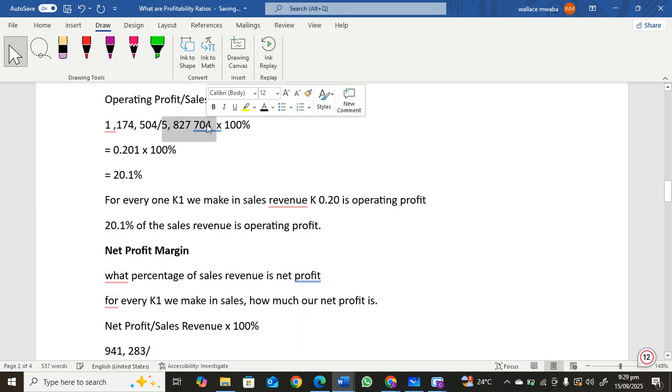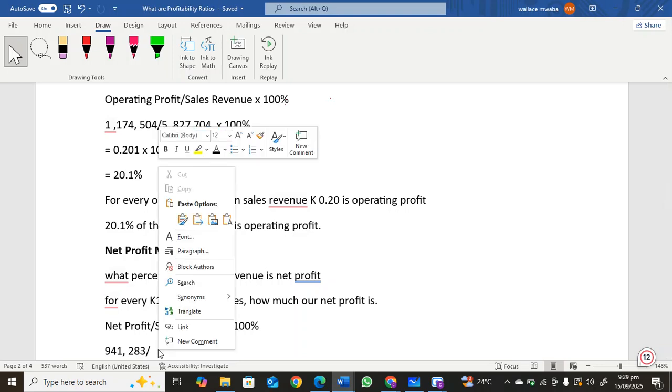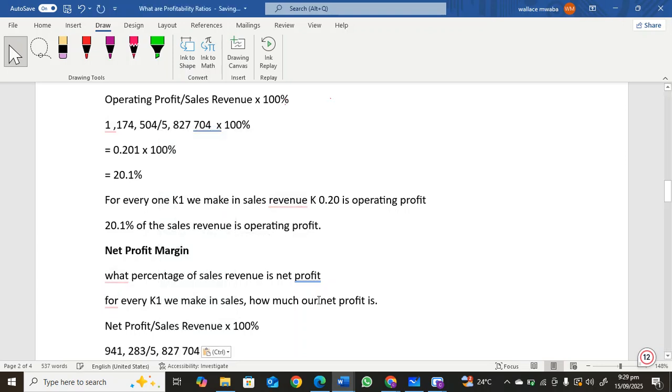Now with these profitability ratios, I forgot to mention one thing. The higher the better. It means you're more profitable. You want every year at least this is increasing or it stays high. If you're comparing between two businesses, if business A has a higher net profit margin or operating profit margin or gross profit margin than company B, then company A is doing better.